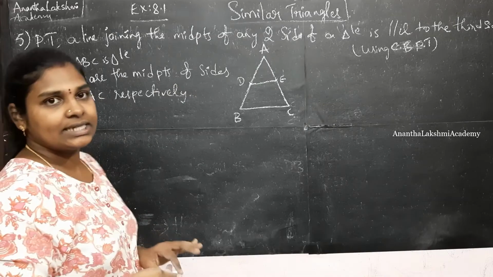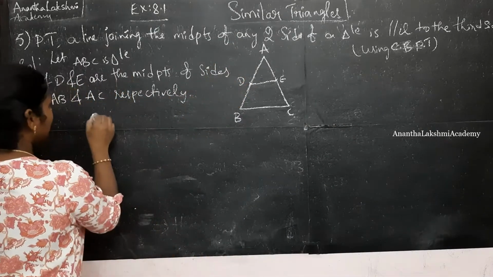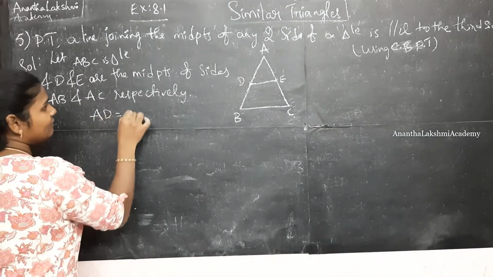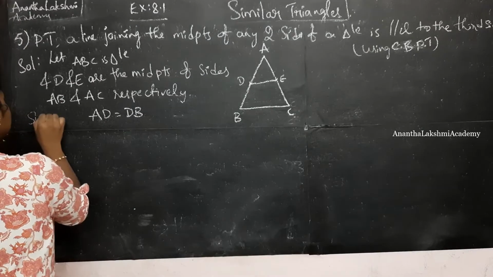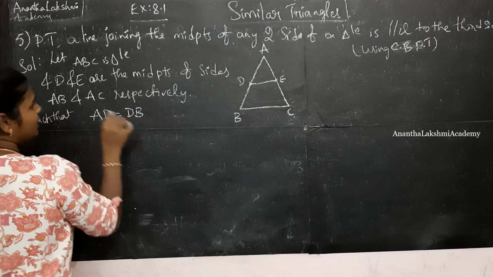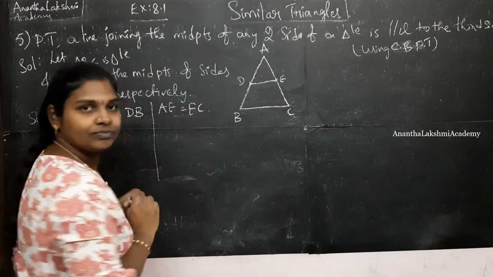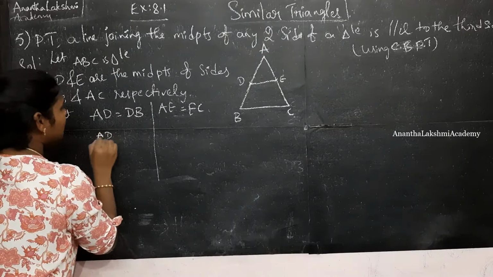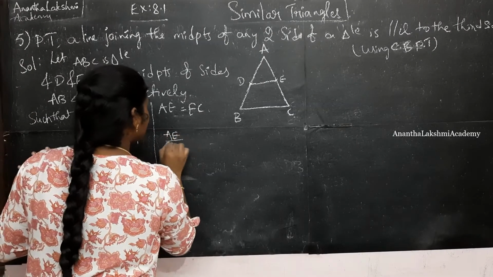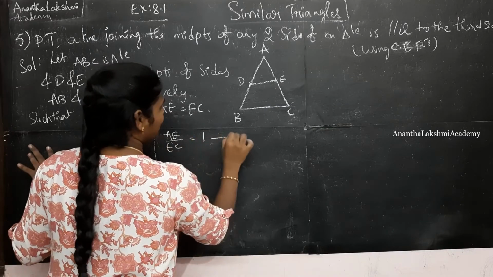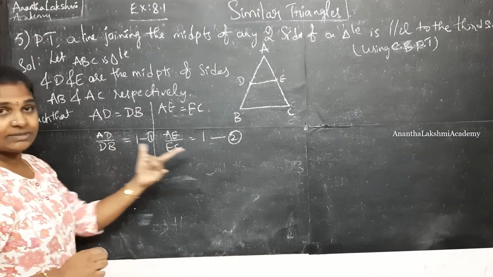So what happens when you say these are the midpoints? AD is equal to DB, isn't it? Such that AD is equal to DB and AE is equal to EC. Okay, what am I going to do? AD by DB is equal to 1 and AE by EC is equal to 1. I am going to name them as 1 and 2.